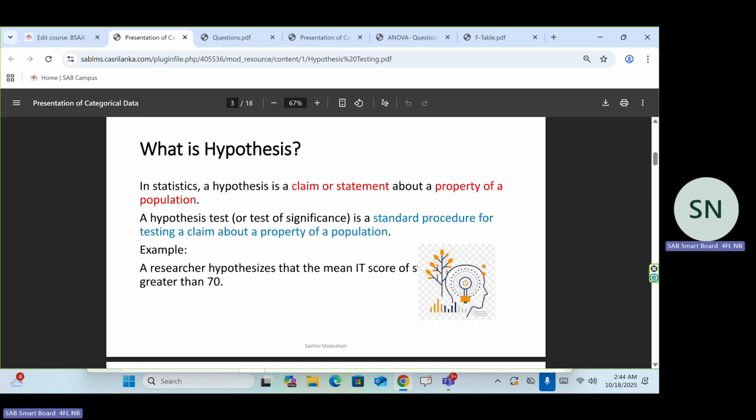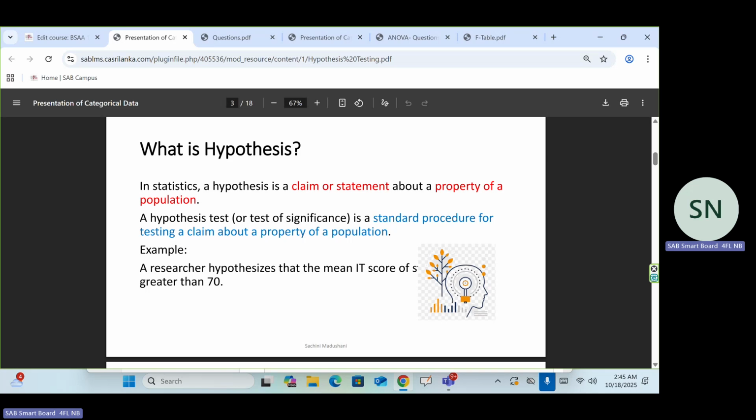Today's lesson is hypothesis testing. Hypothesis testing is a statistical procedure for testing a claim about the population parameter. The previous example: the average mark is greater than 40.